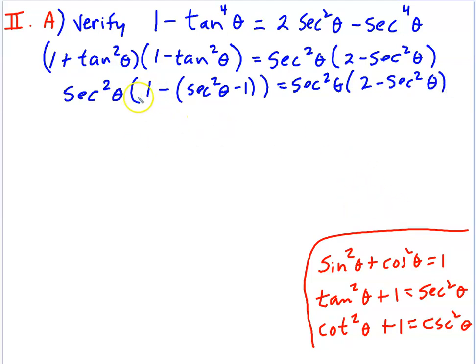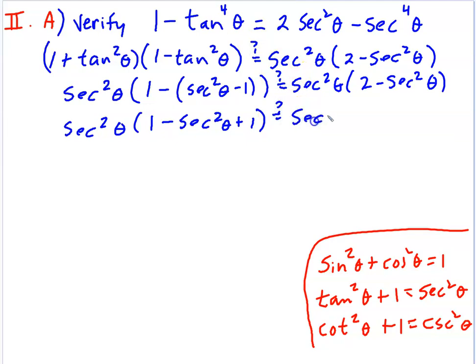Okay, now let's see what we have over here when we clean this up a little bit. Secant squared theta. And again, if you just drop the parentheses, it's like minus secant squared theta plus 1.